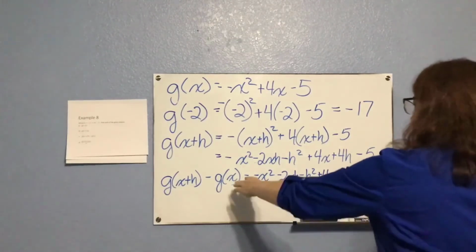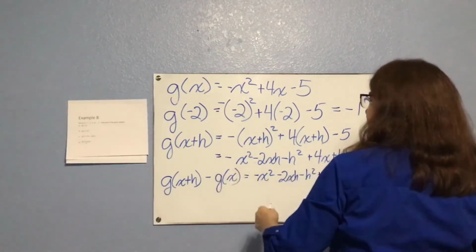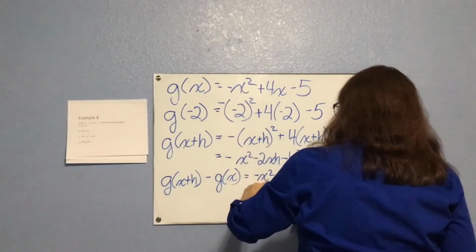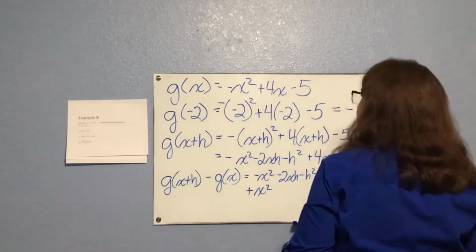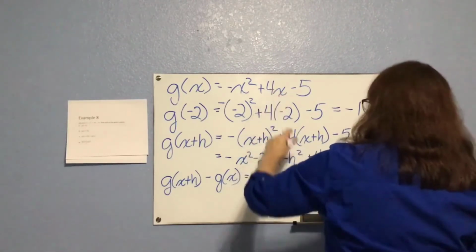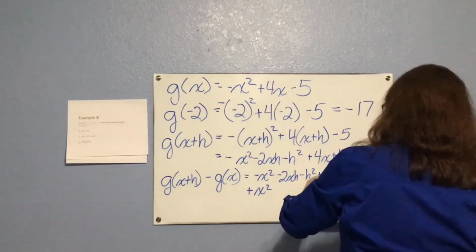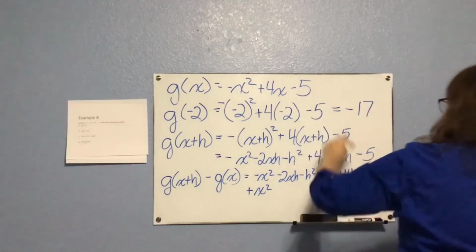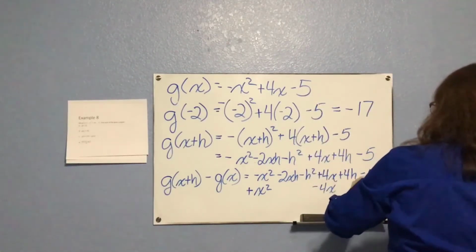And now I'm going to subtract the terms of g of x. Well, if I subtract negative x squared, that's going to be plus x squared. And if I subtract 4x, that'll be minus 4x. And if I subtract negative 5, that's going to be plus 5.